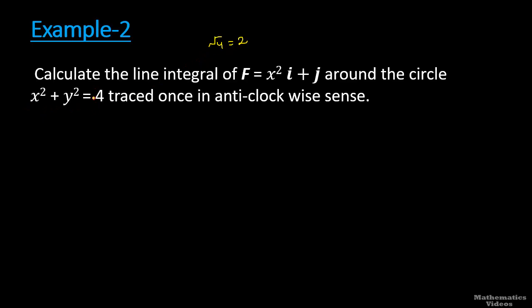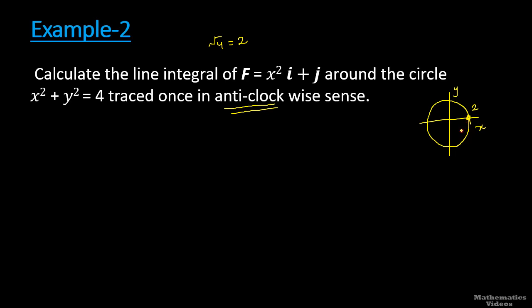So this is a circle of radius 2, and its center is the origin of the xy plane, as is clear from the equation of this circle, and it is traced in the anti-clockwise direction. So if this is the x-axis and this is the y-axis, and if this is the point 2, the circle starts its journey from here and moves in the anti-clockwise direction, and it is traced just once, so it completes its journey at the point where it started.